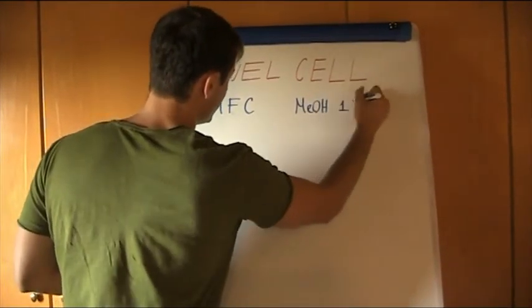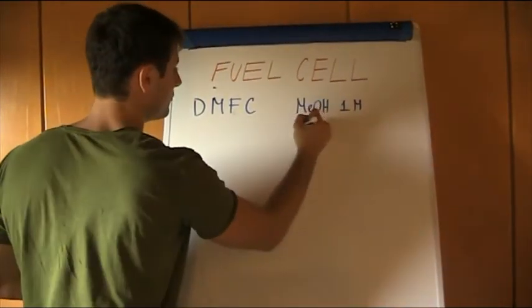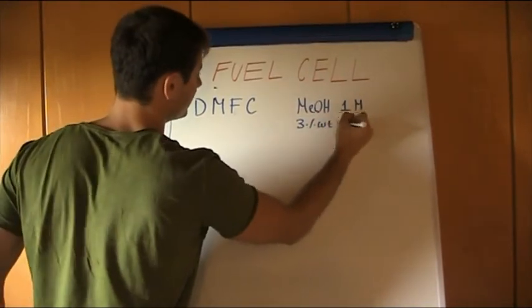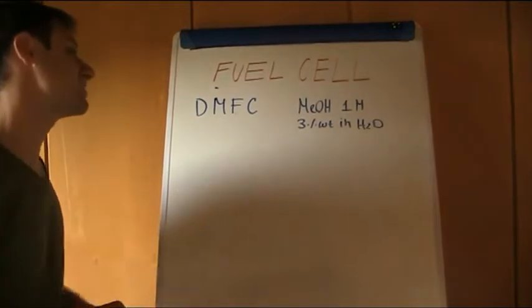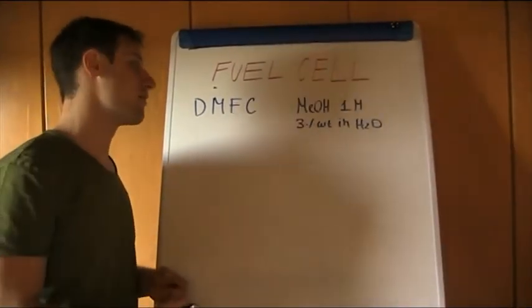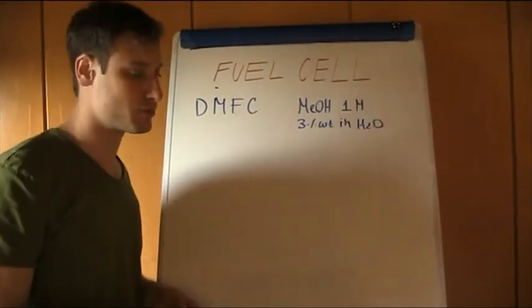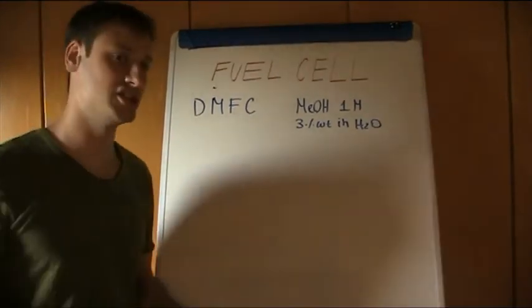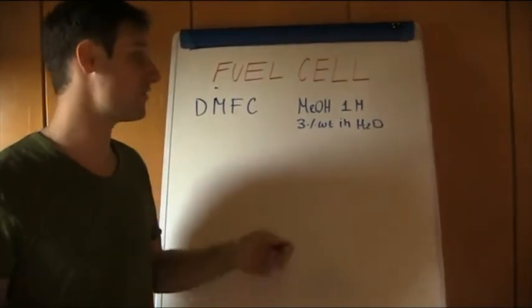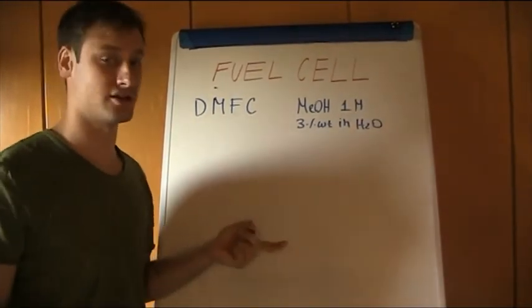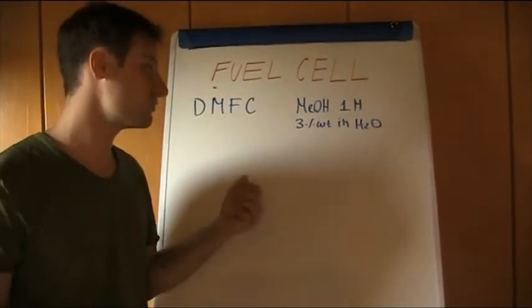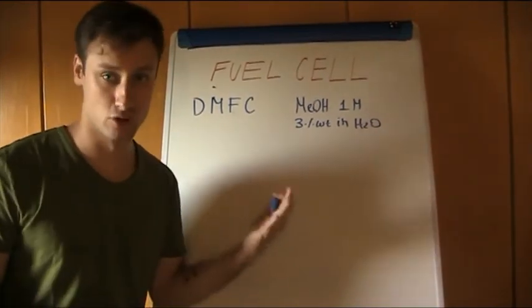So we are looking at about 3% by weight of methanol in water as a fuel. The use of this liquid fuel is associated with some problems concerning the specific energy, due to the fact that we need to use diluted methanol, so the amount of reagent is reduced because we need to have water.